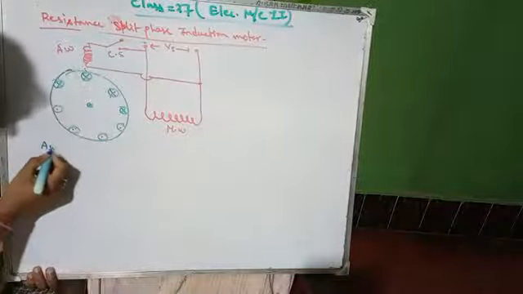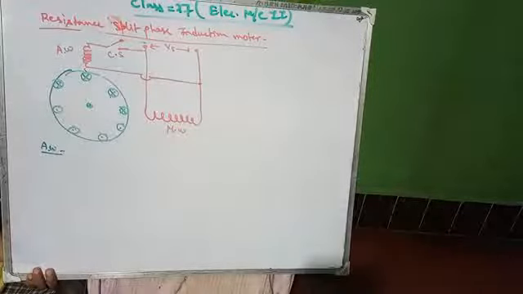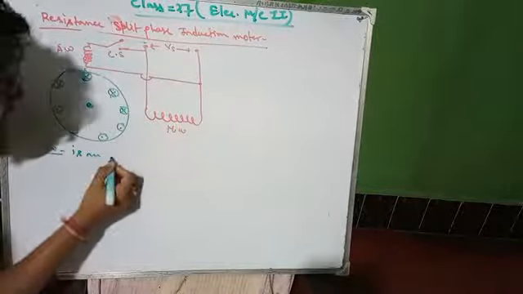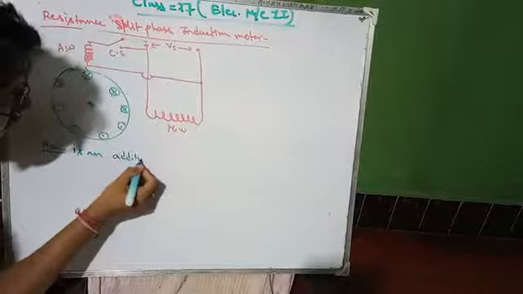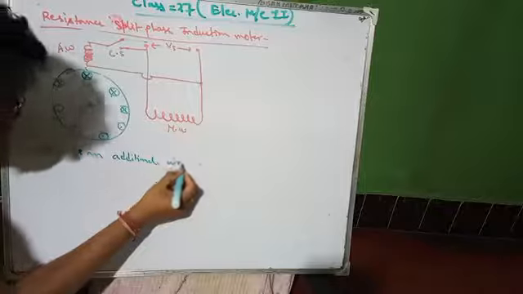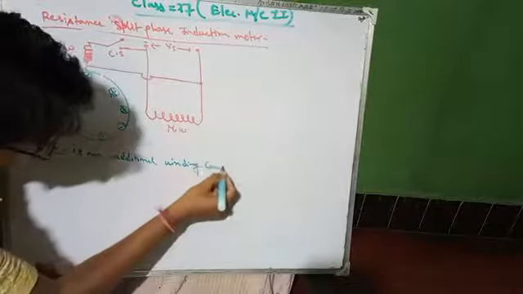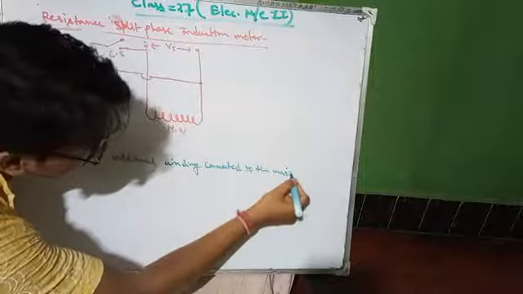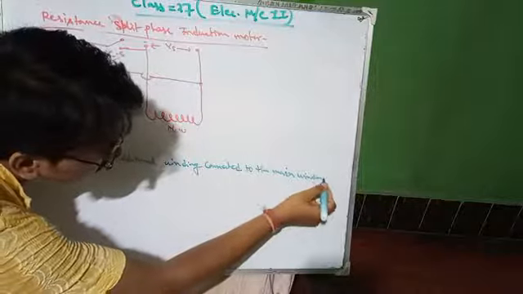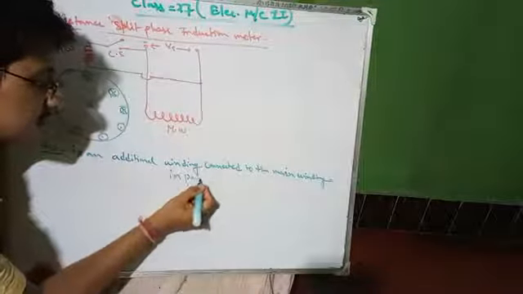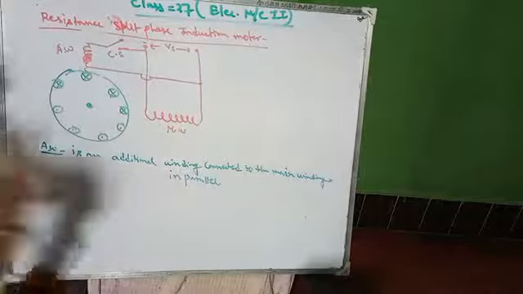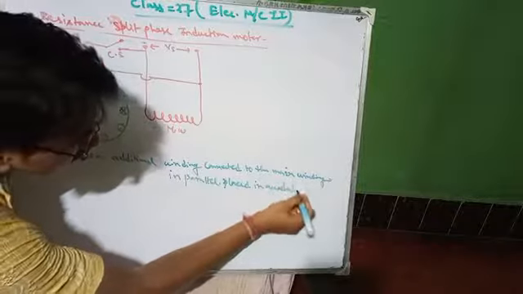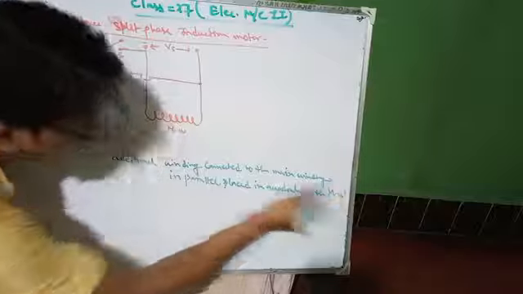So first write the AW. What is AW? AW is an additional winding connected to the main winding in parallel, placed in quadrature with the main winding axis.